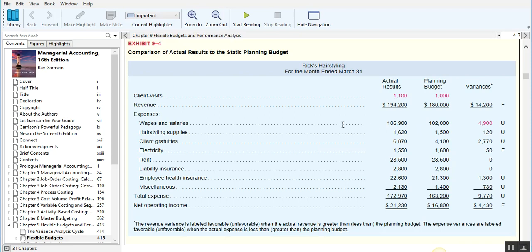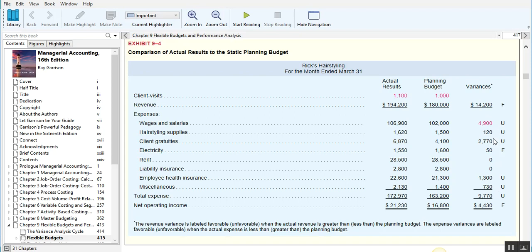Likewise, we have wages and salaries here. We have a certain amount. Here, when we have revenue, the actual result is higher than what we planned. That's a positive or favorable result. When we have expenses that are higher than what we planned, that's an unfavorable result. So you see the differences here that come through.